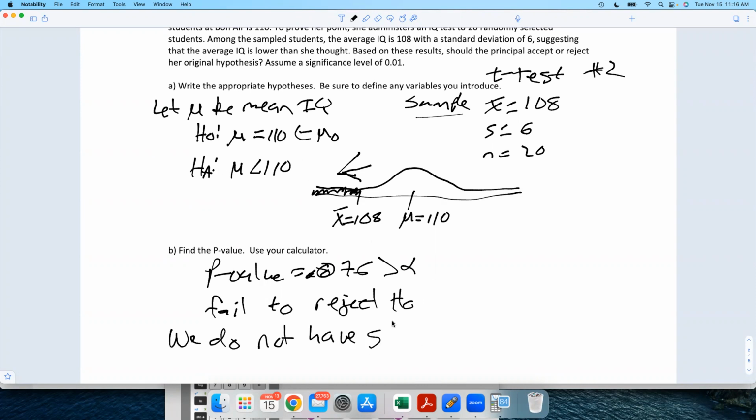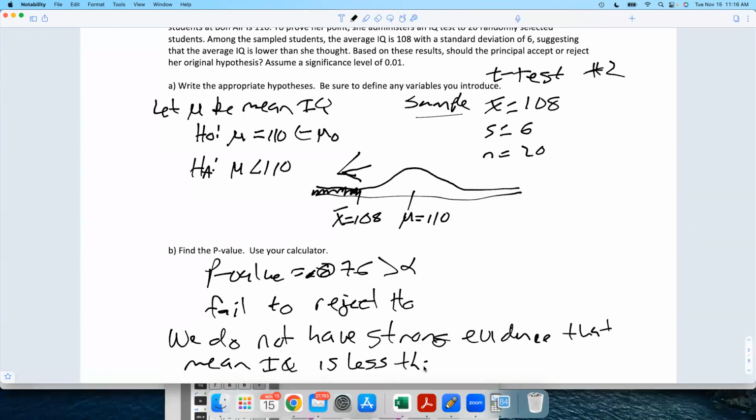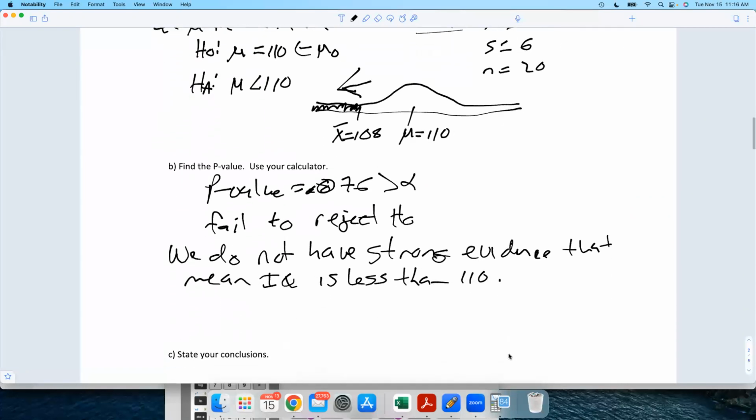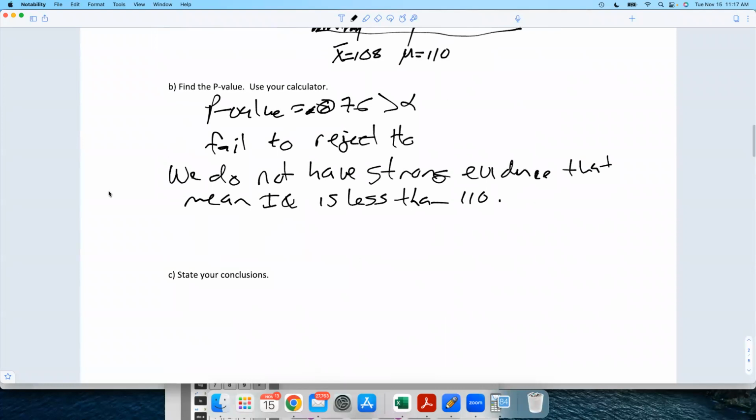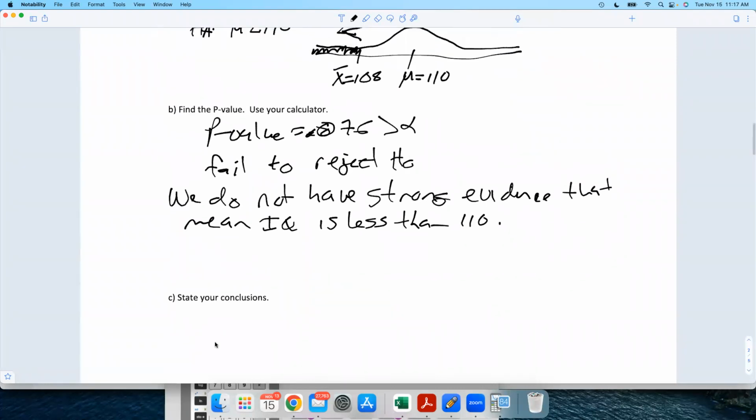So we do not have strong evidence that the mean IQ is less than 110. And again, I did it again. The conclusions I could have written down here.